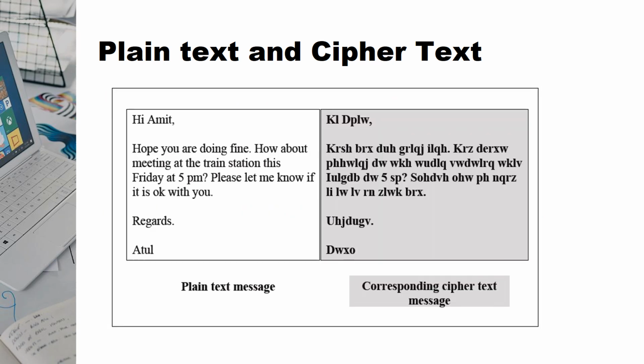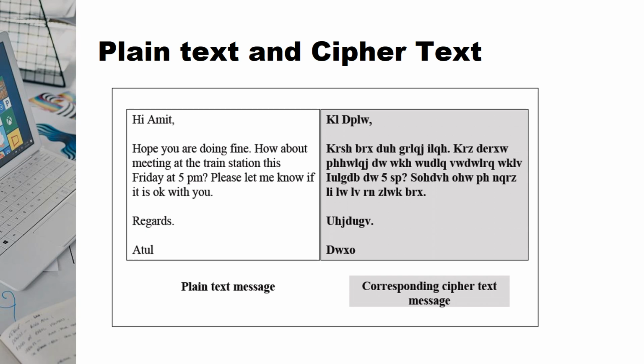This is an example of a plain text and a ciphertext. Hi Amit, hope you are doing fine. How about meeting at the train station this Friday at 5 p.m.? Please let me know if it is okay with you. Regards, Atu.